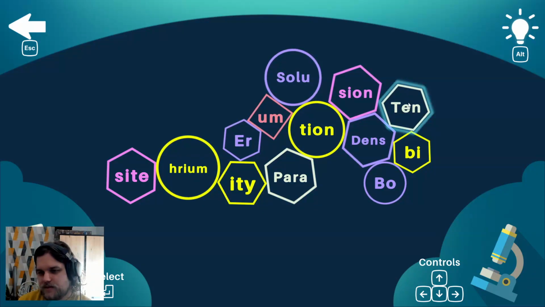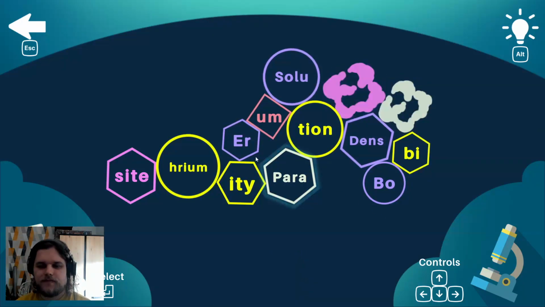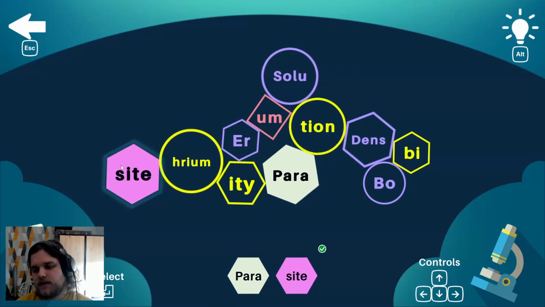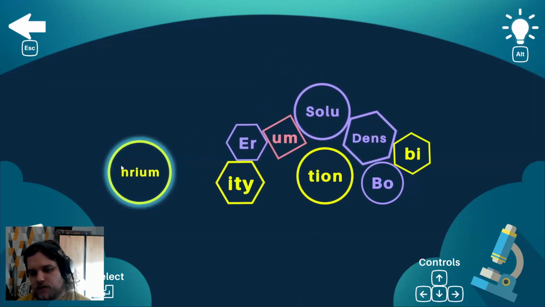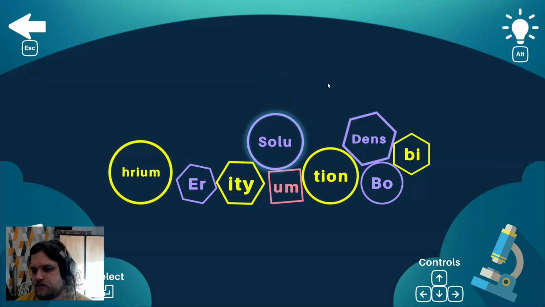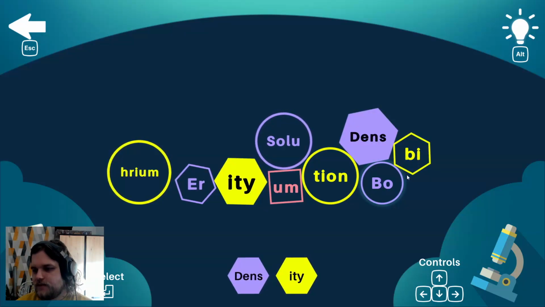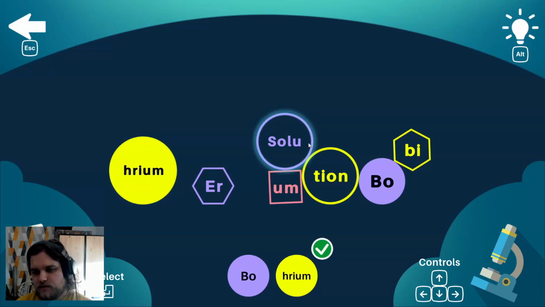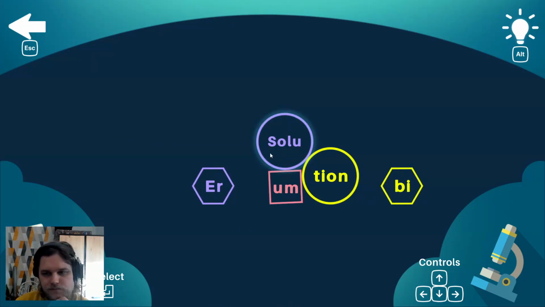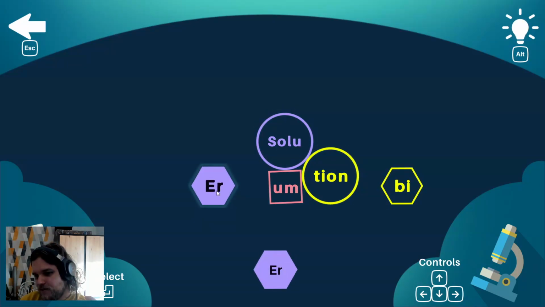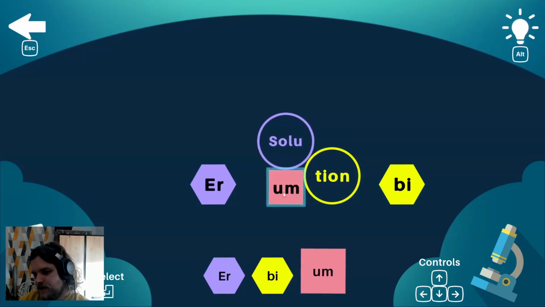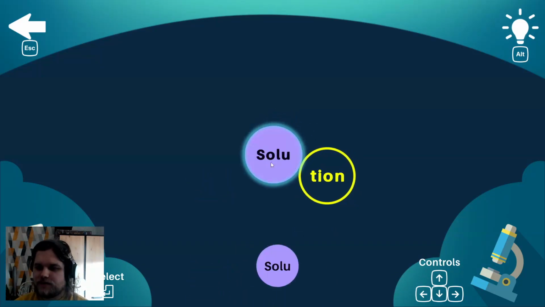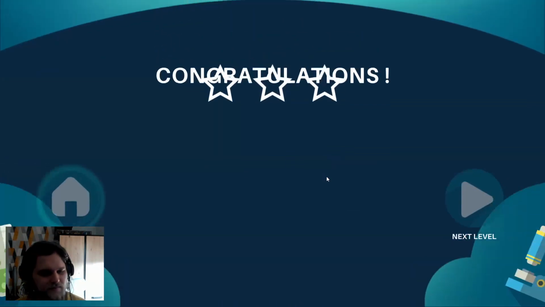Party. Then tension maybe. Yeah, tension here. Parasite maybe. Again, this species. Learn about density. Borium maybe. Do we have some like this here? Erbition maybe. Erbium. Okay. A solution to some problem. Okay. That one was tricky.